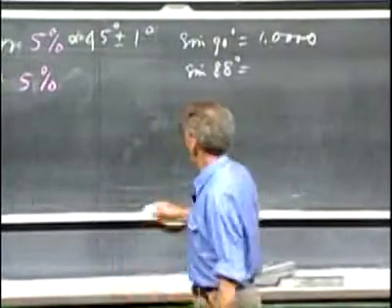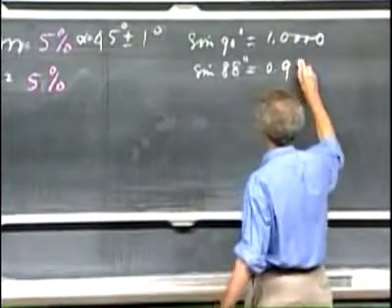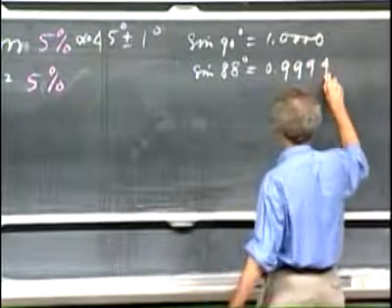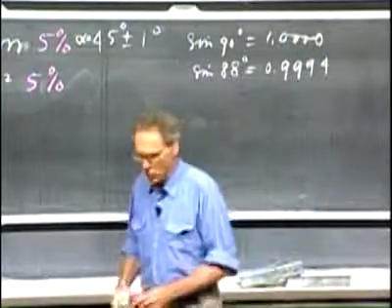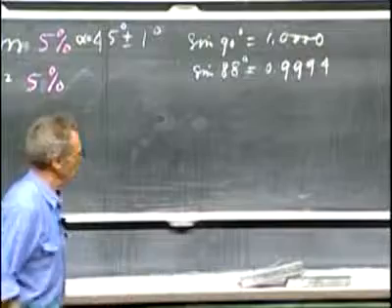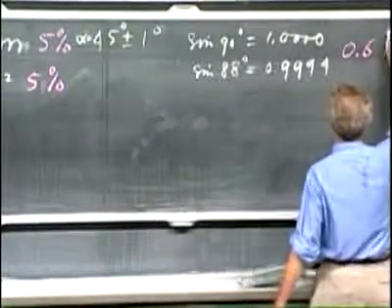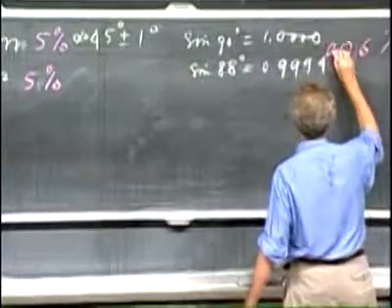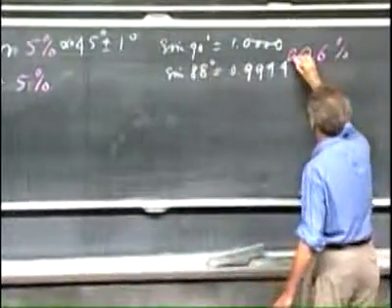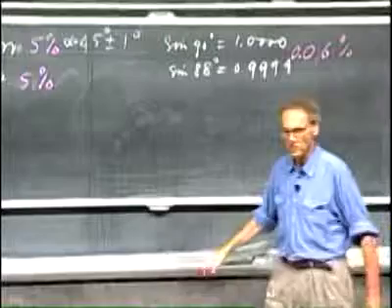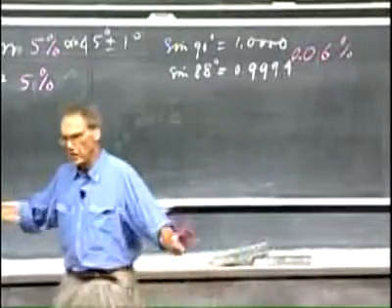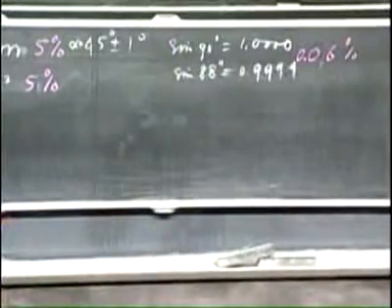And that value is 0.9994. That is so close to 1 that it is only off by 0.06%. And that is so low compared to 5%, forget it. Forget the error in alpha. We can completely forget it.